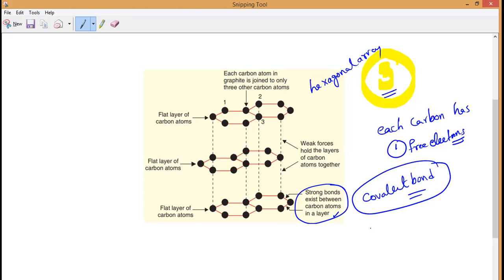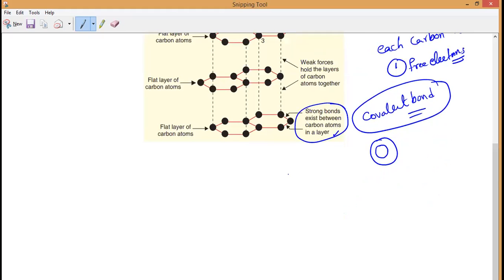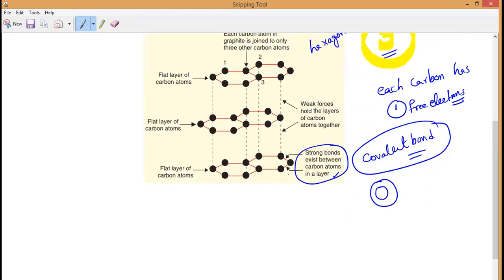Even yesterday I told you the reason. What is the reason behind it? Because the atom size is very small, so the electrons are tightly held by whom, guys? Nucleus. So that is graphite.